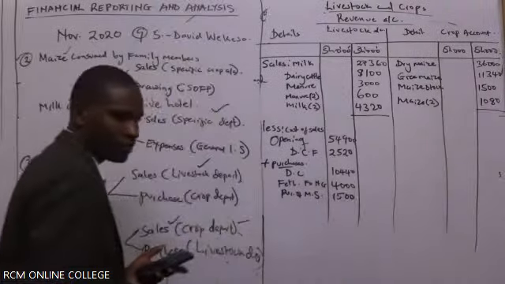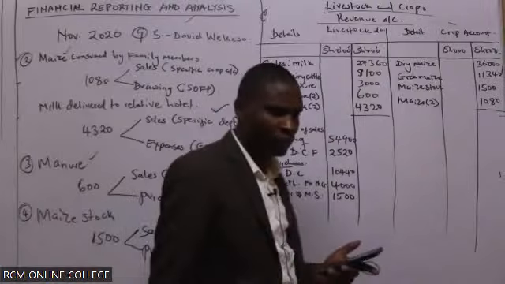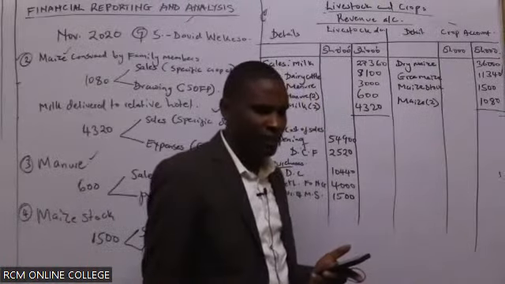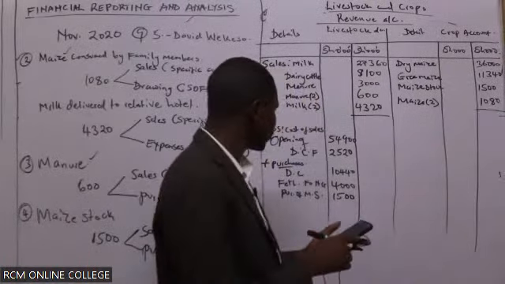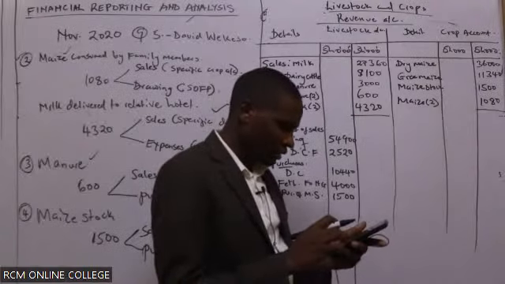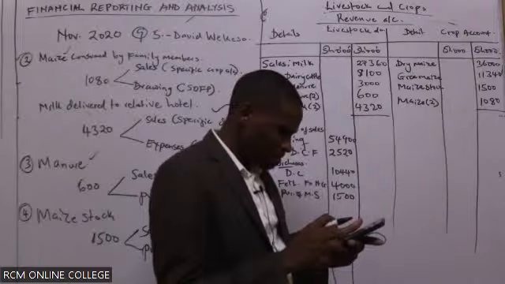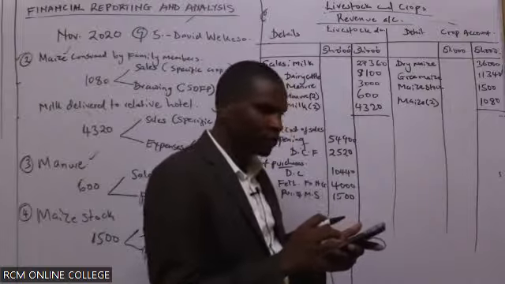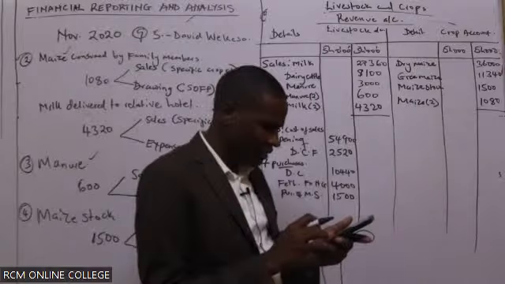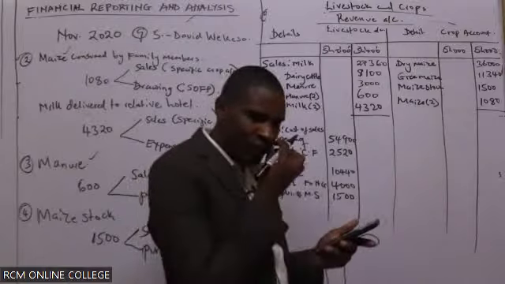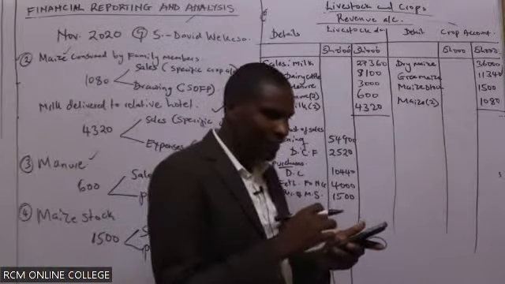Any other item? For dairy cattle feed. Lydia anaona dairy cattle feed. Dairy cattle feed ni ngapi? Okay, we have an item there. Is it 1620 or 6120? Dairy cattle feed.